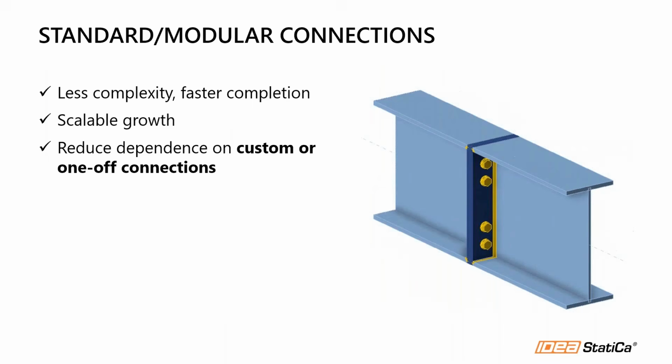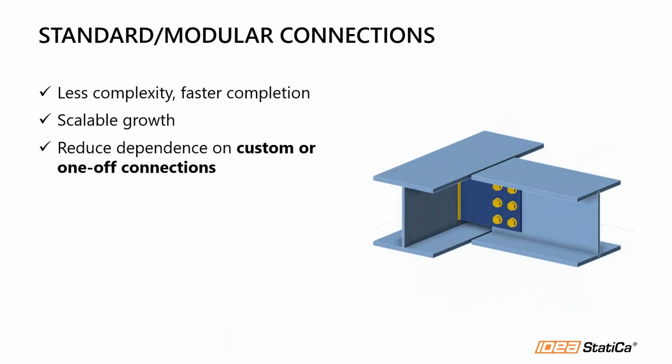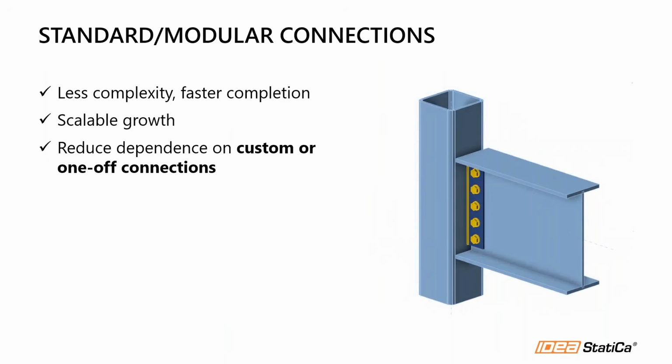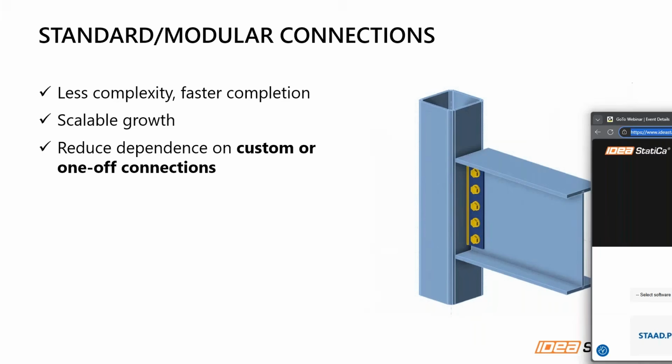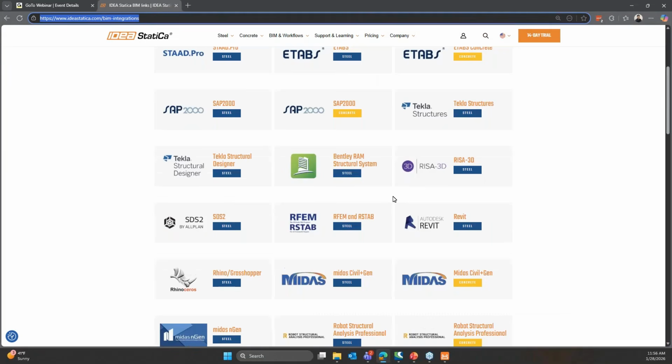Alrighty, one of the questions that I saw is, can the loads be imported from another software like RAM? The short answer is yes. I highly recommend everyone who's interested in importing loads to go to our website and head to the BIM integrations. From here, you will be able to see all the different global analysis software that we're able to integrate with, to bring all that good information into the software.